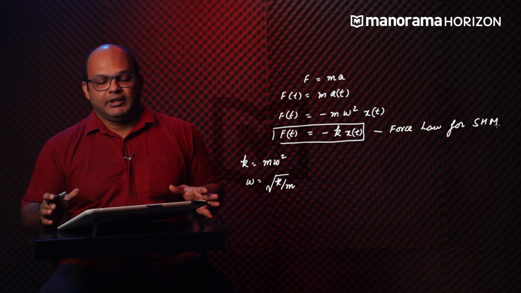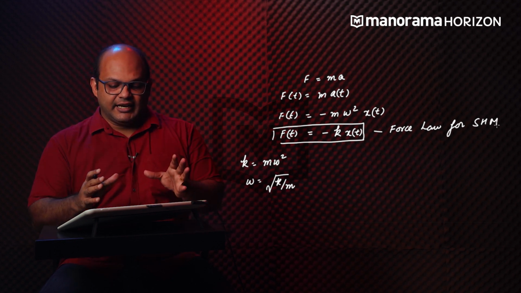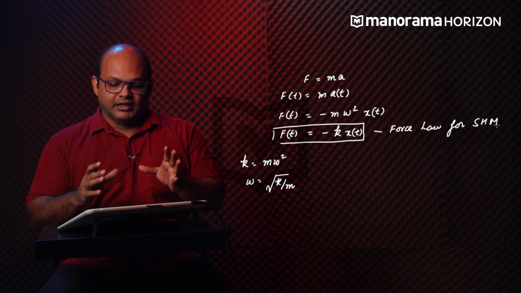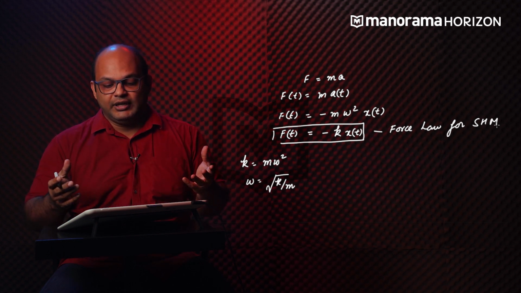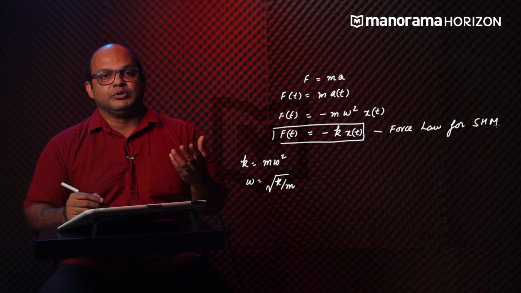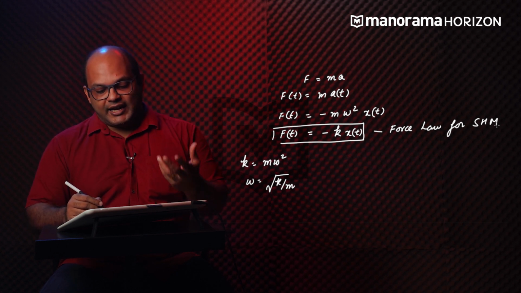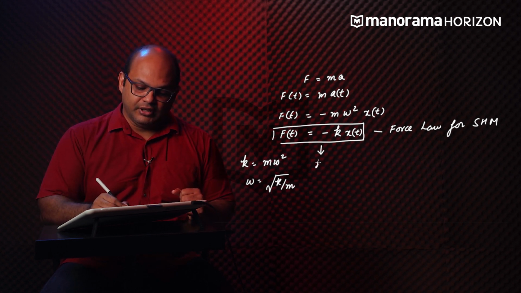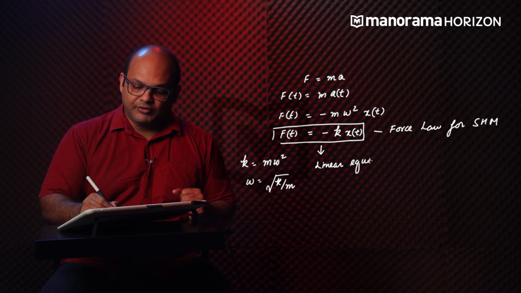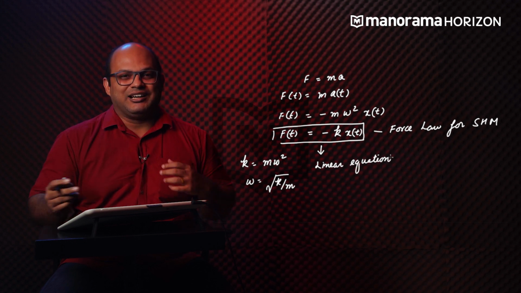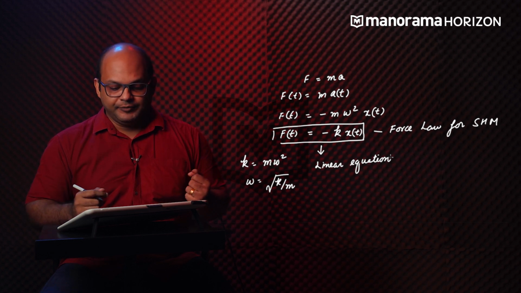What does this equation tell us? Just glancing at it, I can see that there are no square terms of x, there are no cubic terms of x, there is only one term here, and that term also has a power of 1. So that tells me that this is a linear equation, which is actually a blessing for us because linear equations are easier to deal with mathematically.